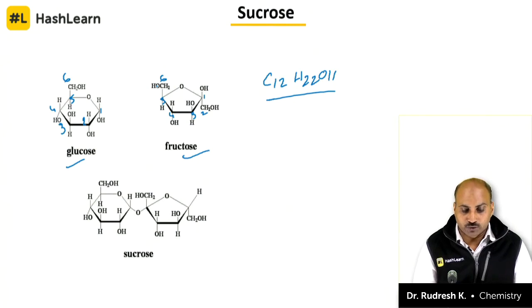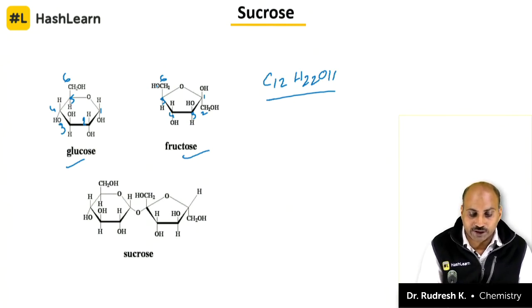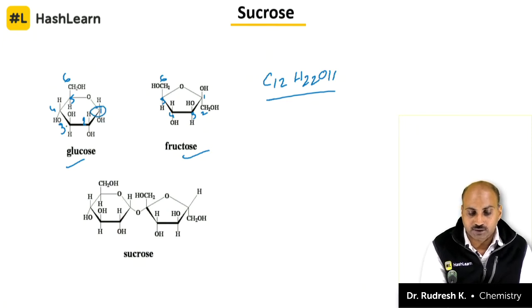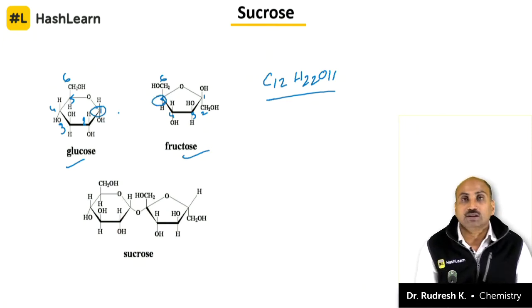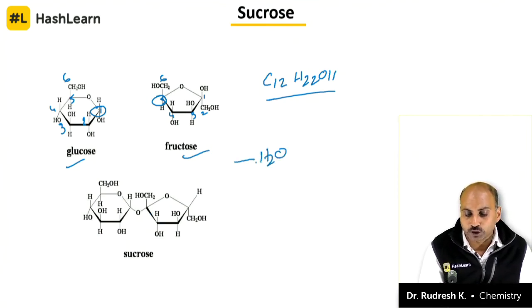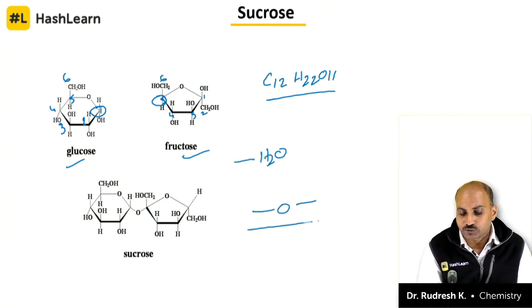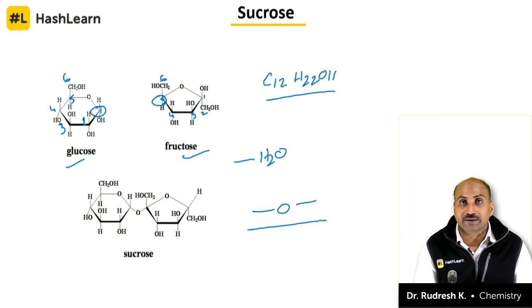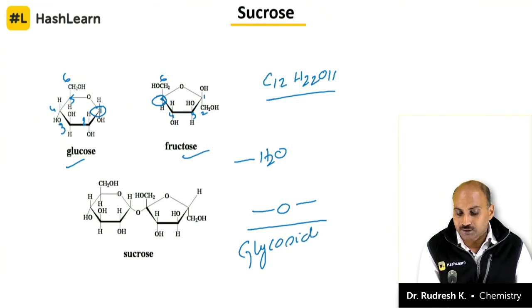Now, if you carefully observe, there is a glycosidic linkage between the first carbon atom of this and this carbon atom. So, with the elimination of water, it forms a bridged oxygen linkage between these two molecules. That is where it comes under the category of glycosidic linkage.